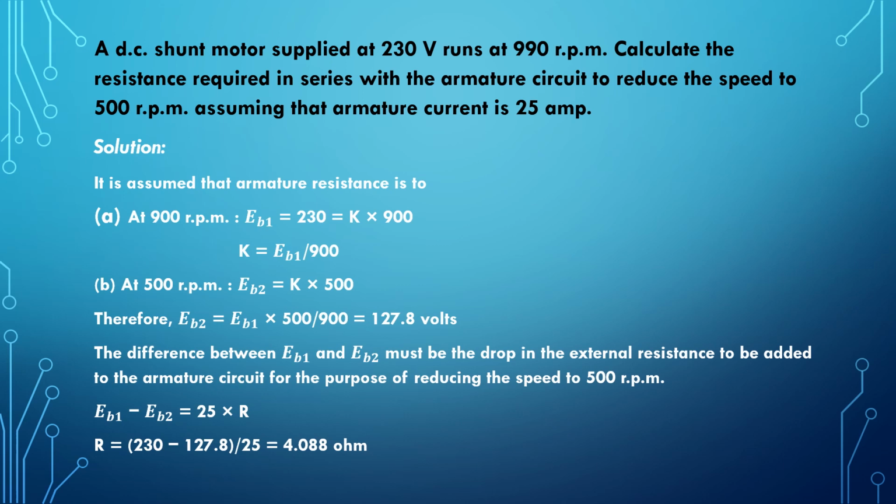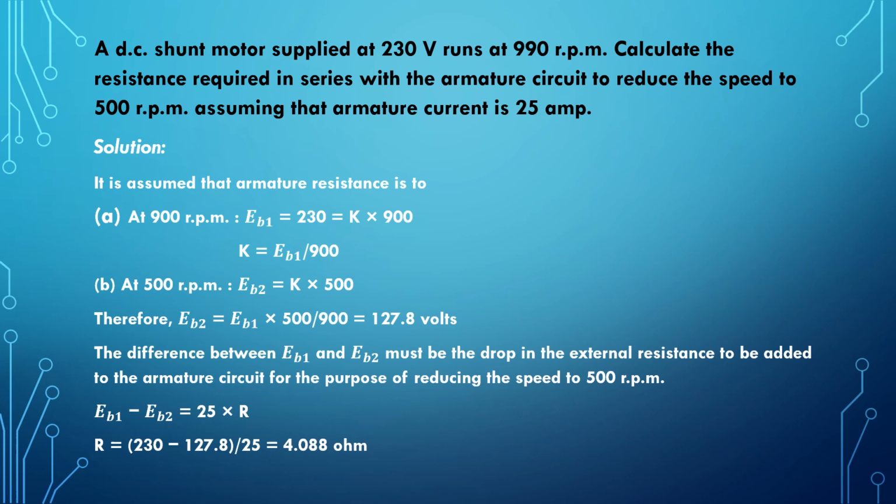It is assumed that the armature resistance is negligible. At 900 RPM, E sub B1 equals 230 equals K times 900, and at 500 RPM, E sub B2 is equal to K times 500.